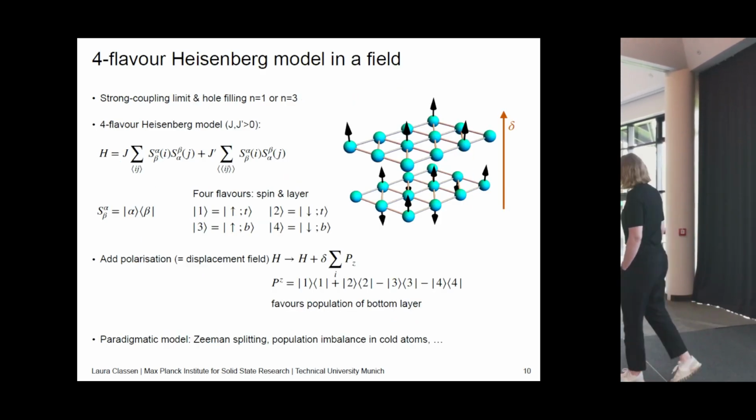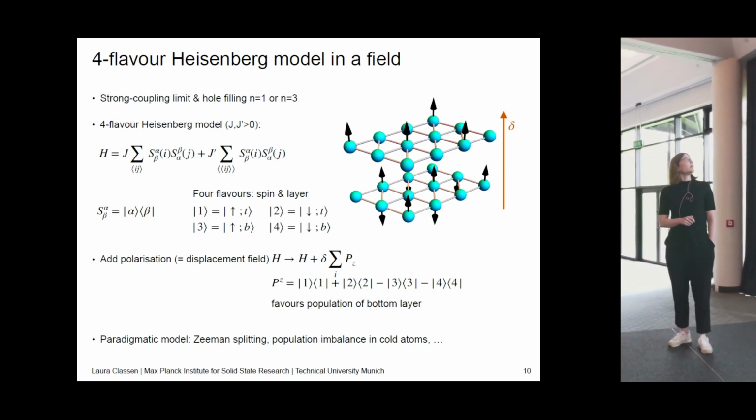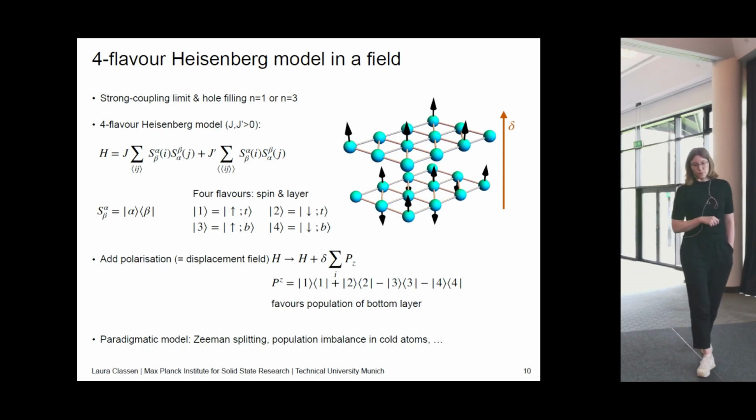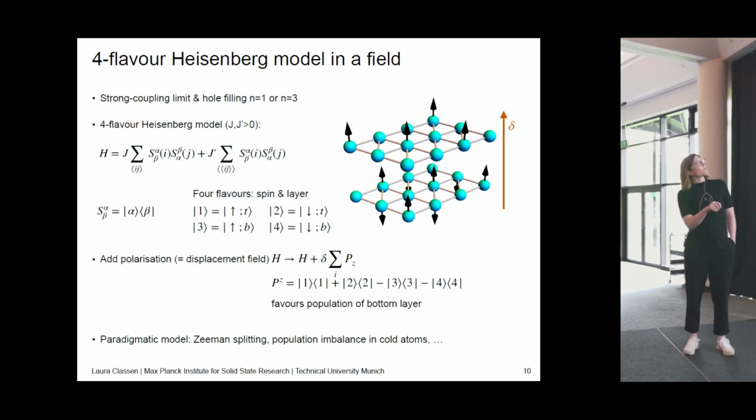This is finally the model that we've studied. As I said, we go to the strong coupling limit. We had filling 1, or in this limit, actually filling 3 is equivalent. And then we have this four-flavor Heisenberg model, which has nearest neighbor spins interacting and next nearest neighbor spins interacting.